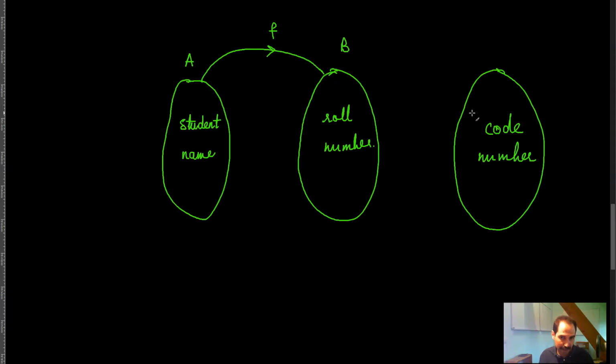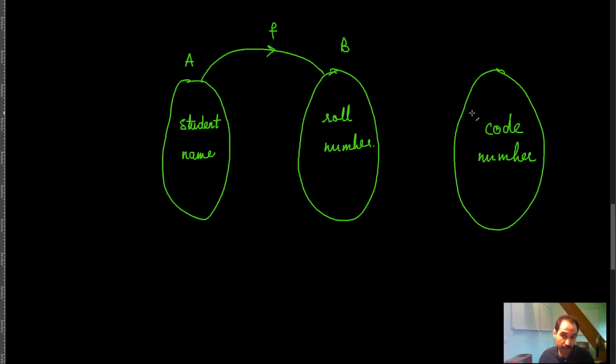Once the student hands in his or her paper and leaves the examination hall, then the board defaces those roll numbers and replaces them with a code number. And the student simply doesn't know what code number is going to be printed on his paper instead of the roll number.